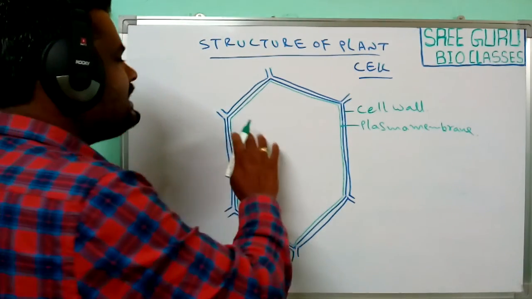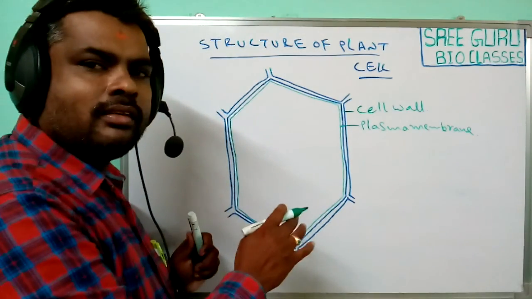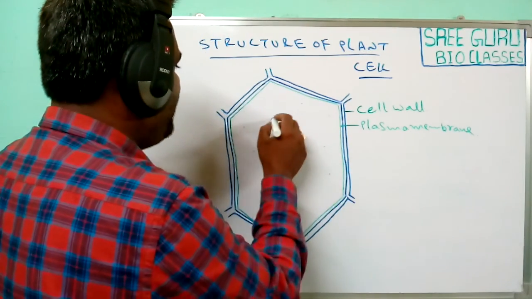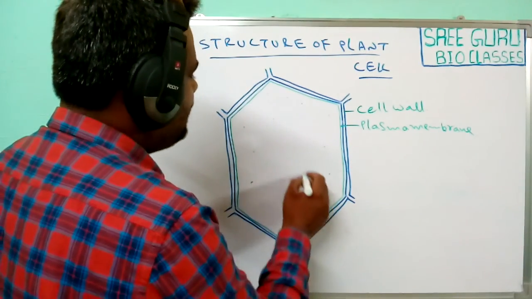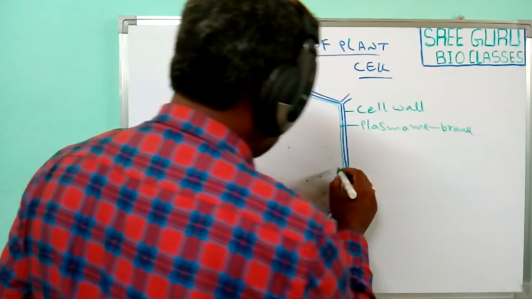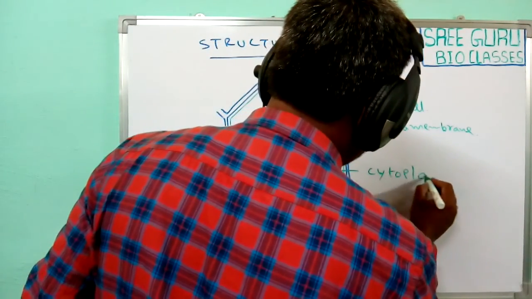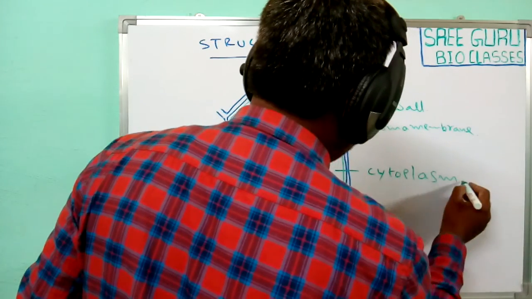Next, inside the plasma membrane, the semi-solid fluid which is present inside the cell is known as cytoplasm.